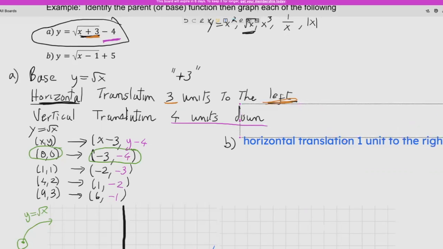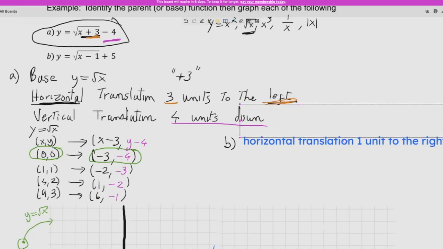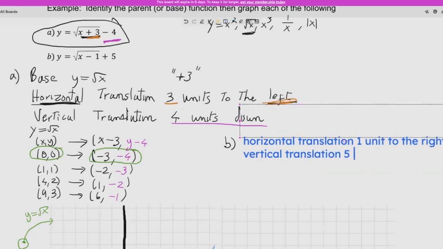And then there's a plus 5. Well, in part A, a -4 towards the end of the function meant 4 units down. So plus 5 means a vertical translation, 5 units up.